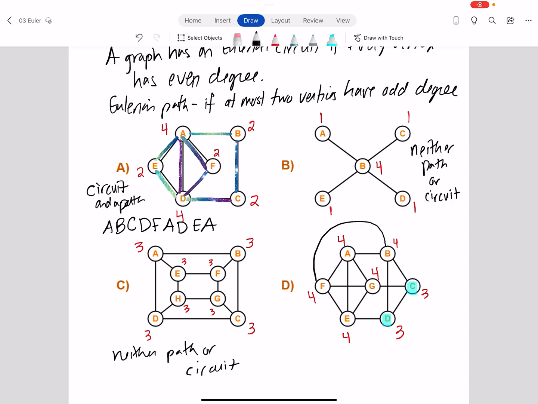So we would make those our starting place and our ending place and say that this guy has an Eulerian path. And we could start at C and just sort of travel along our edges trying not to get stuck anywhere. And notice that I ended at vertex D.